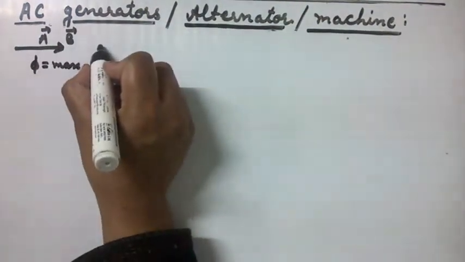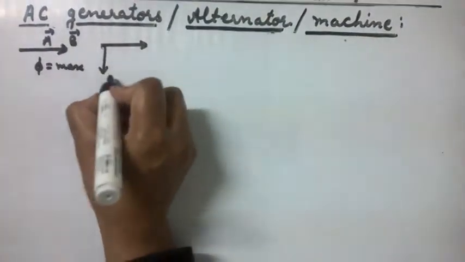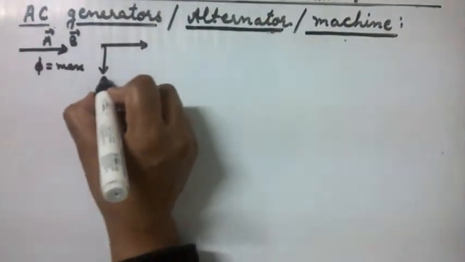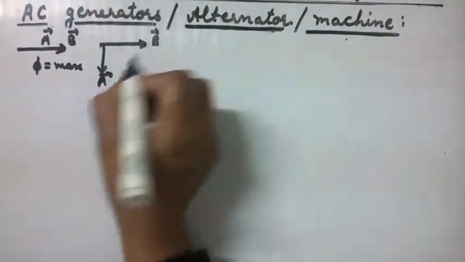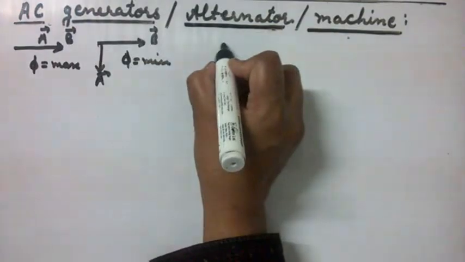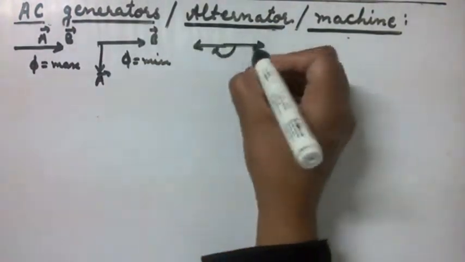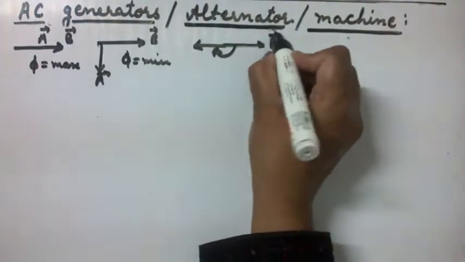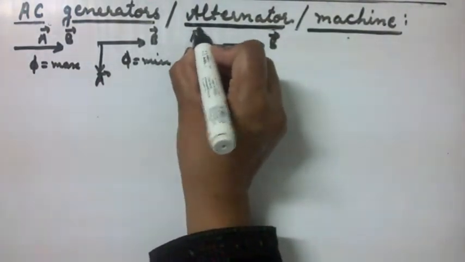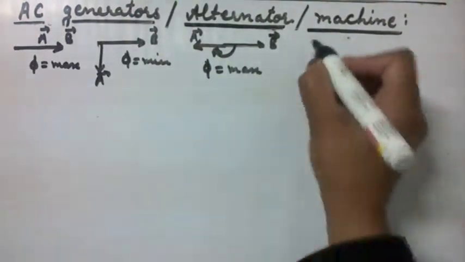When area vector is making an angle of 90 degree, flux is minimum. Area vector is making an angle of 180 degree with magnetic field, flux is maximum but in opposite direction, that is, opposite polarity.